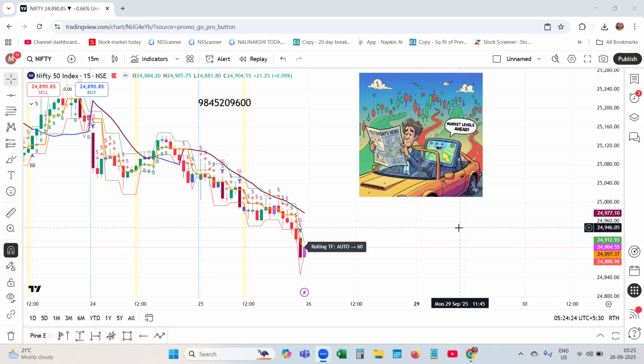Suppose you apply a normal pivot, which is available in the TradingView indicator section, the classic pivots. You have so many pivots, but if you apply them, they are static. Why are they static?